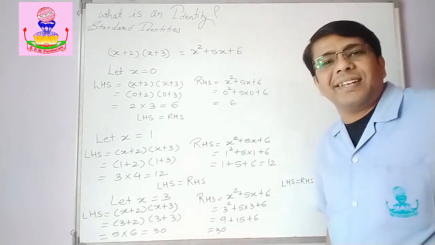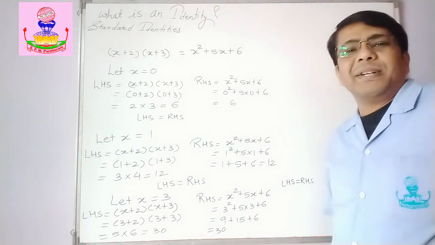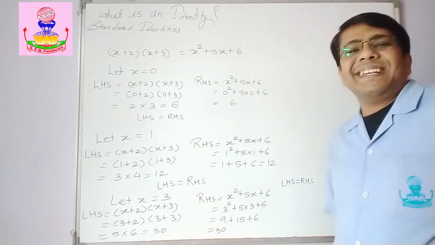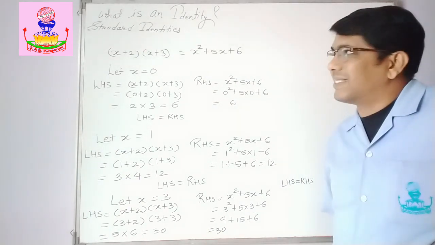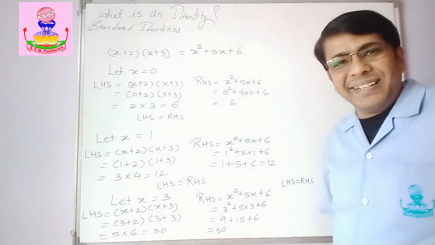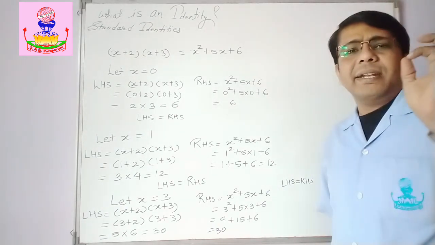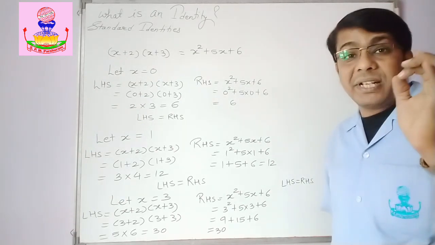So he said, oh my god sir, how is this possible, for each and every value we are getting LHS is equal to RHS. Then Dandekar madam said, this is what is called an identity. This is an example of identity. Why is it an identity? So what is an identity?